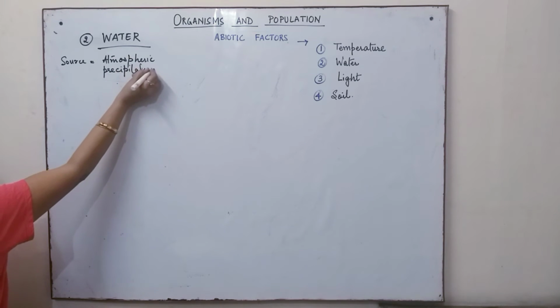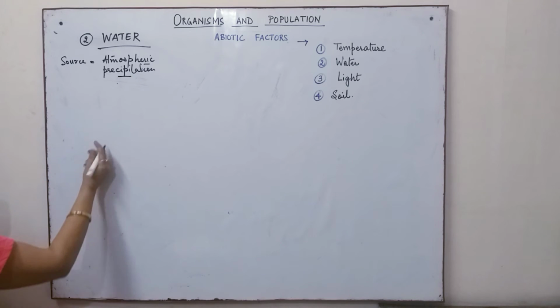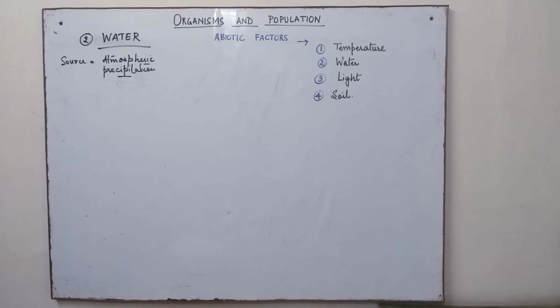And this atmospheric precipitation can be in the form of rain, snow, hail, etc. Now, the productivity and the distribution of plants is heavily dependent on water. So the water is an important factor that decides the distribution of plants.